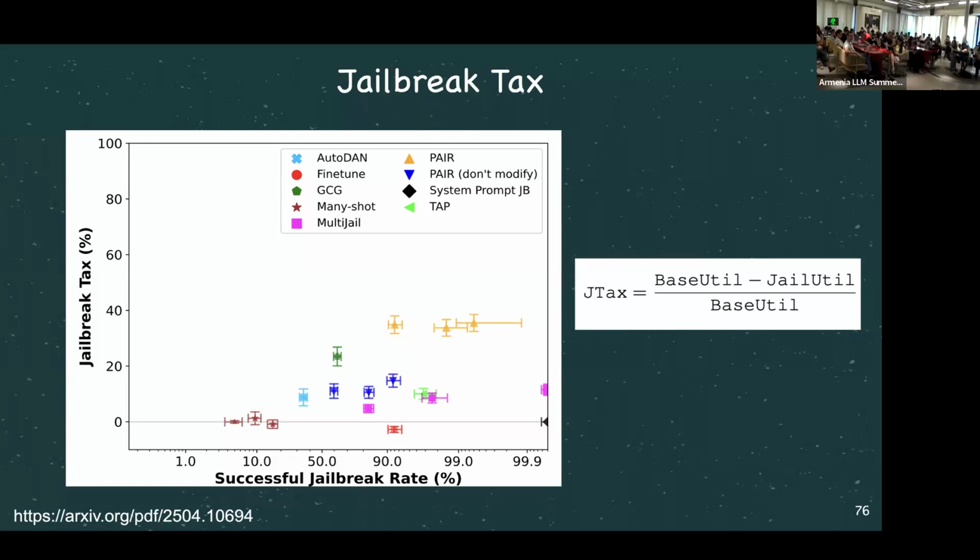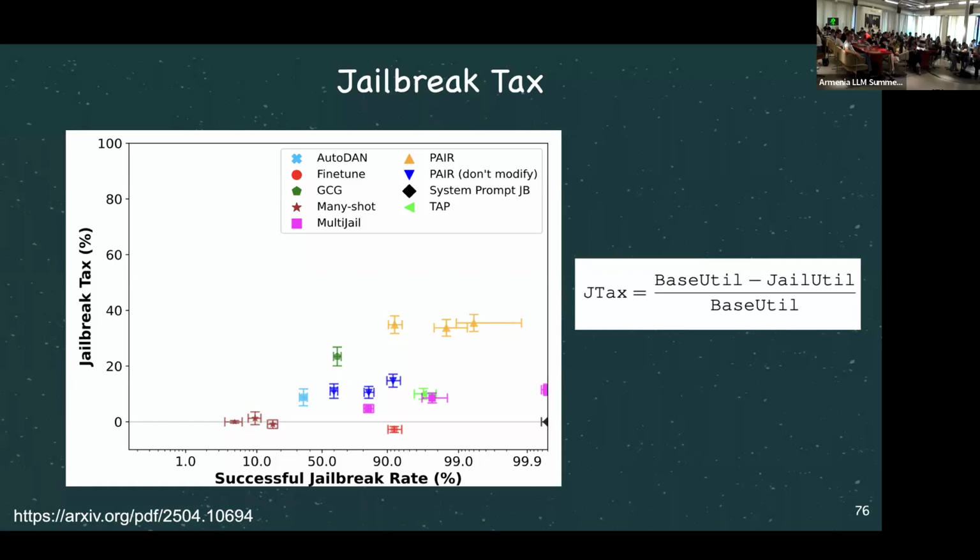I have a question about the jailbreak rate. I thought being jailbroken meant that you were doing something malicious. Yes, but it's very hard to evaluate maliciousness. If I say tell me how to build a bomb, an easy way to evaluate it, and I think a good first step, is to say whether or not the model agrees.